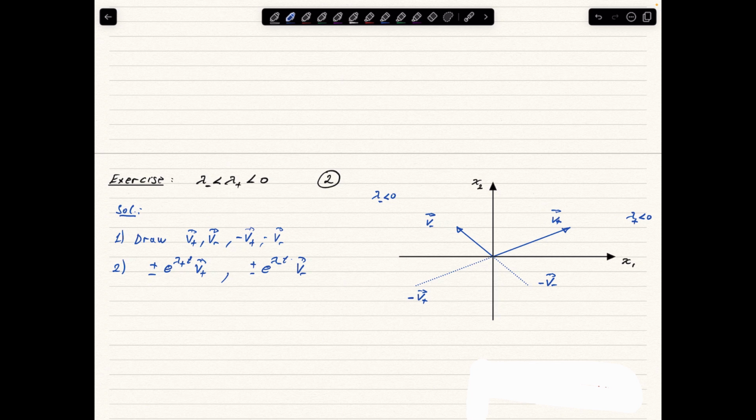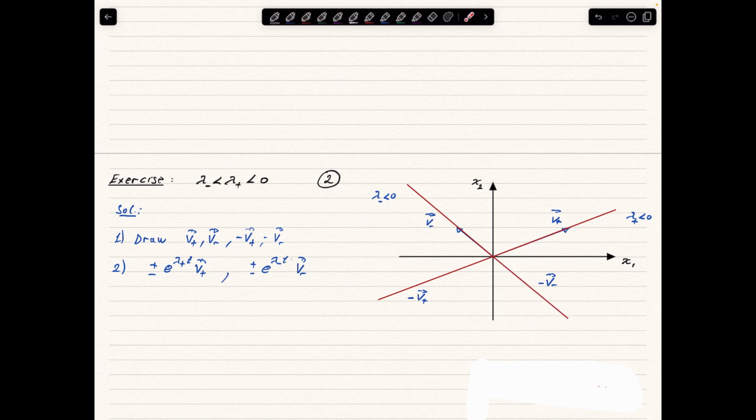So these are 4 solutions. Here is one solution. Here is the other solution. Then we have the other solution here and another solution right here.